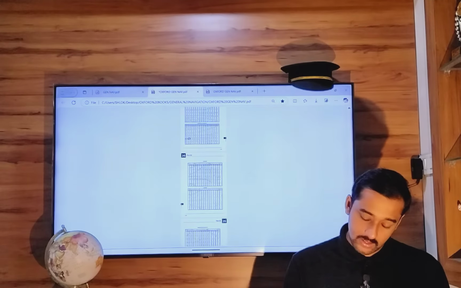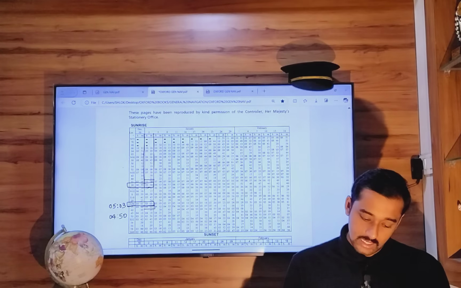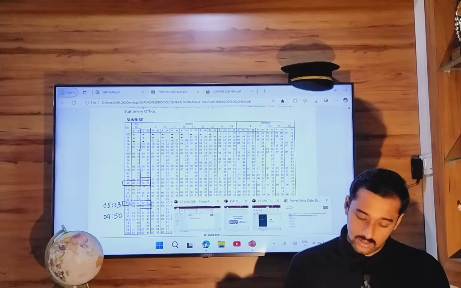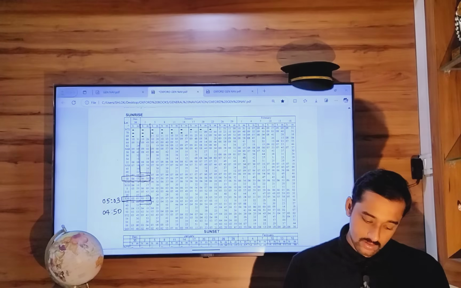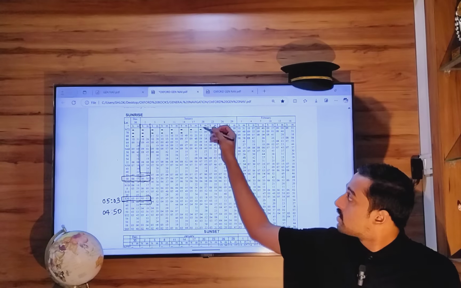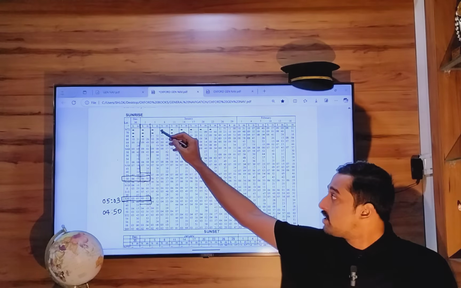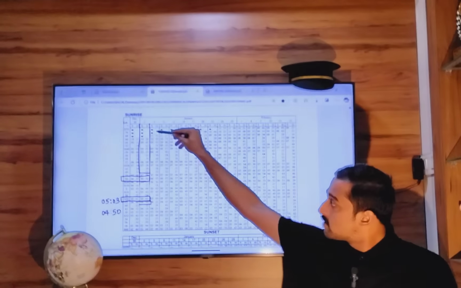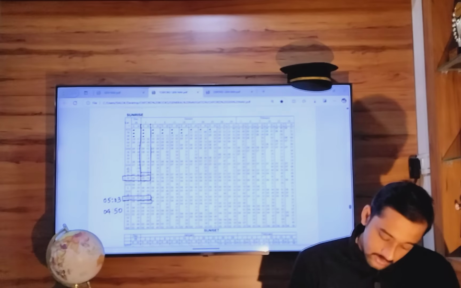So go to sunrise 6th Jan. In this table, for the month of January, we don't have 6th Jan, we have 5th of Jan. So we will use that number for 45 north.